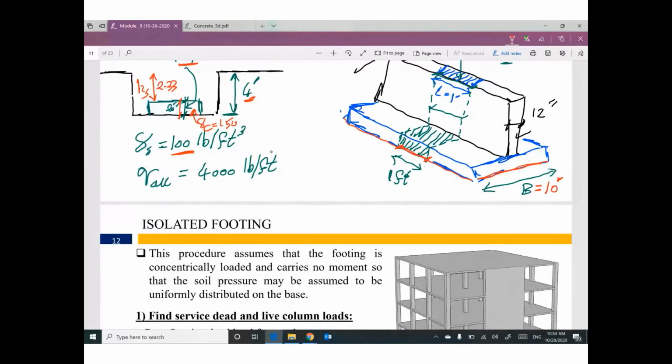So the width for this unit length will be the same as this unit length, the same as this unit length. Right, but that's the wall. That's saying the wall is 12 inches. So let's say if the wall was 24 inches, would you say B is 20 feet? No. The B will be constant, 10 feet. Okay, all right, thank you. Okay. Yep.